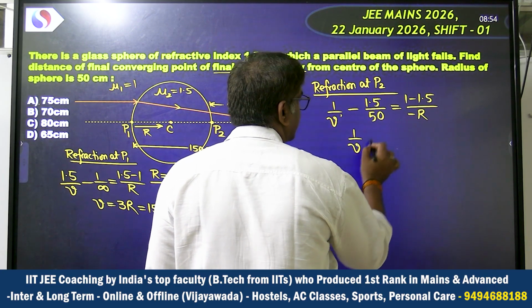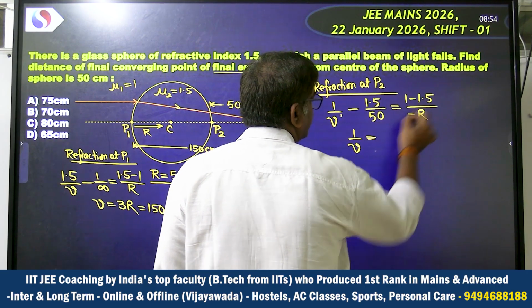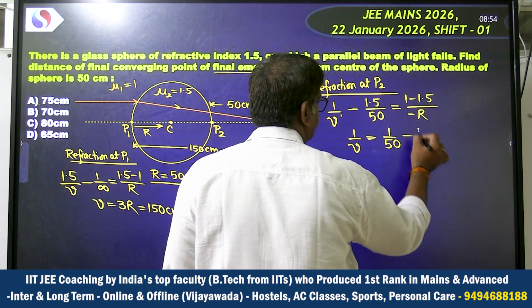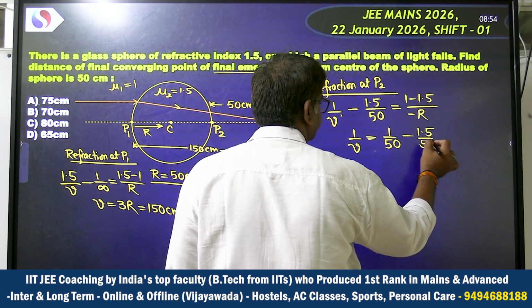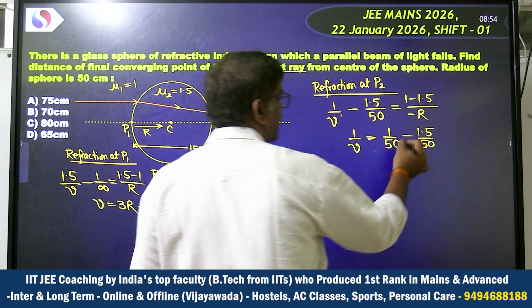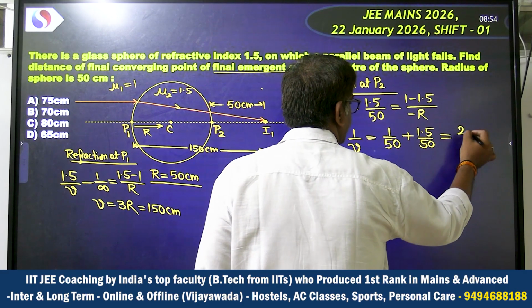So 1 by V dash equals 0.5 by 50, that is 1 by 50 minus 1.5 by 50. Minus minus becomes plus.